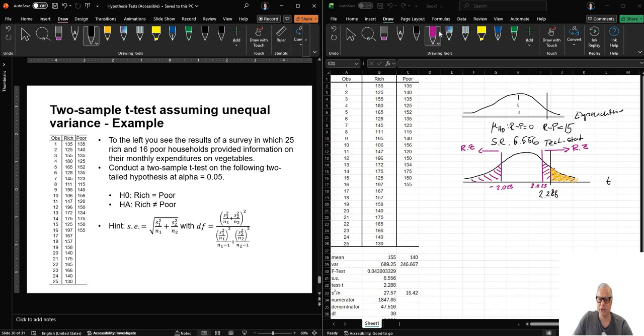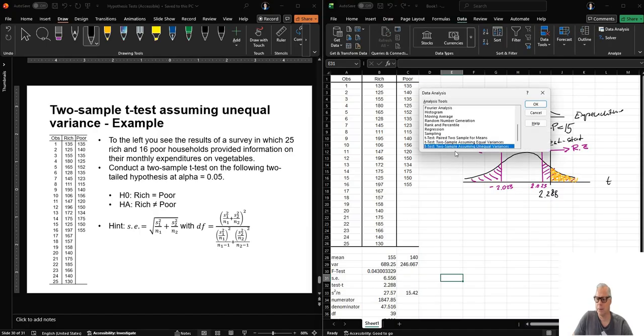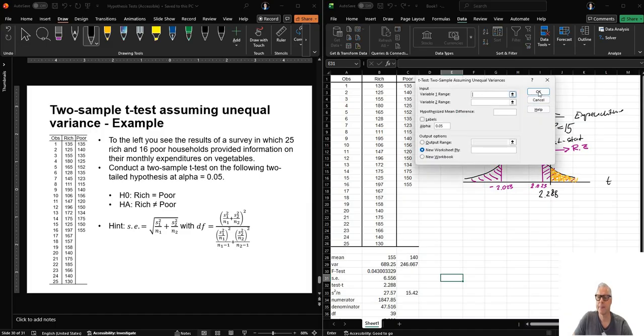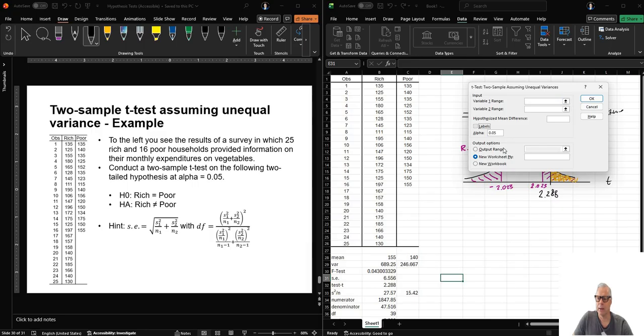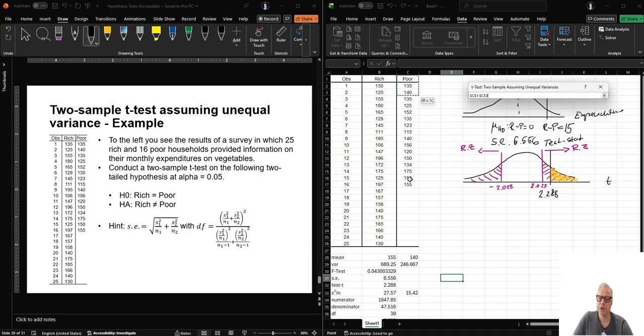So let's actually apply Excel quickly and go to data analysis, and we do a two-sample assuming unequal variances. Okay, and again our data has labels. So for variable 1 range, I use the poor.